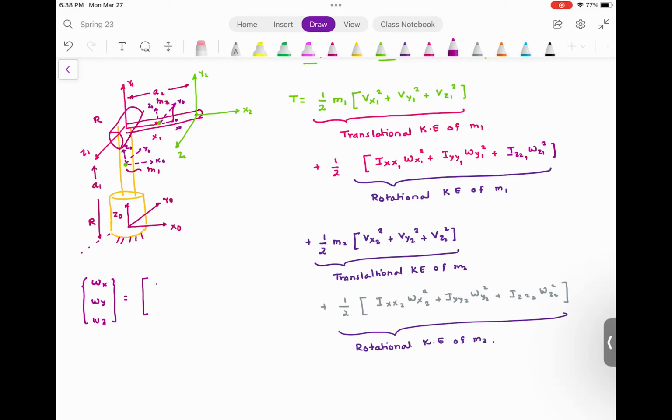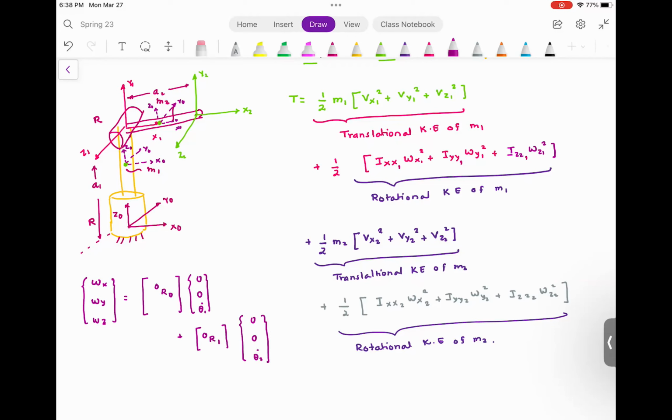So 0r0, 0, 0, theta 1 dot, plus 0r1, 0, 0, theta 2 dot.